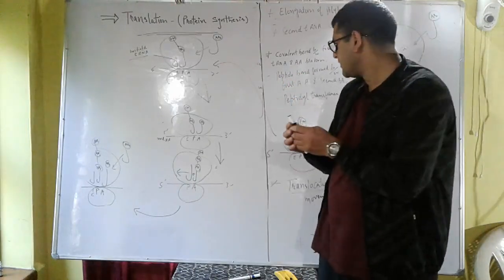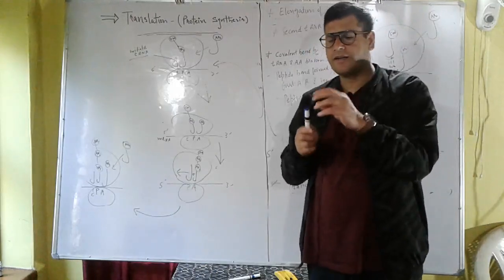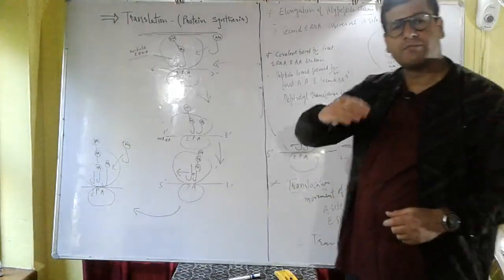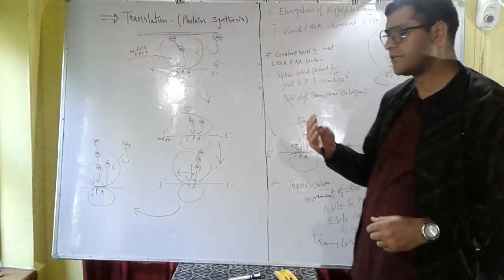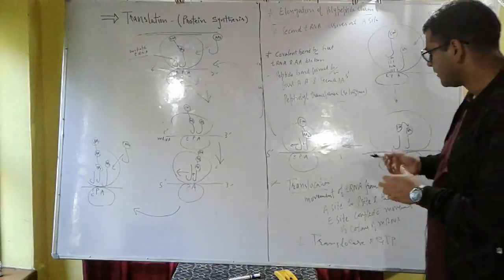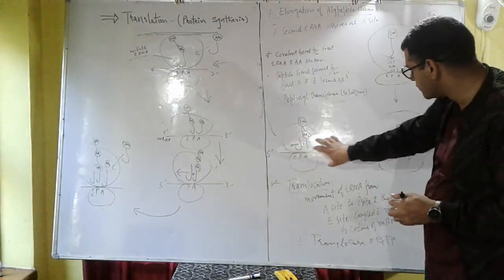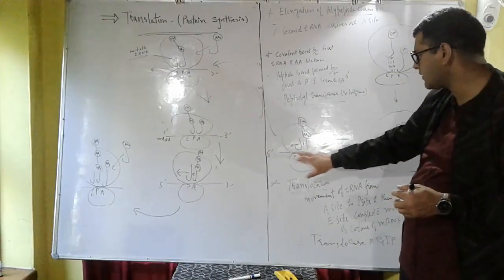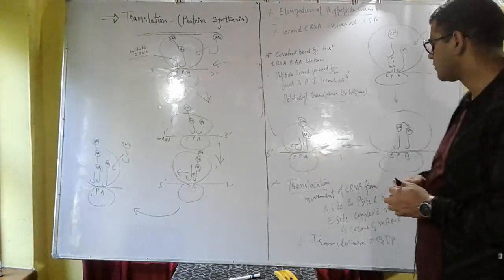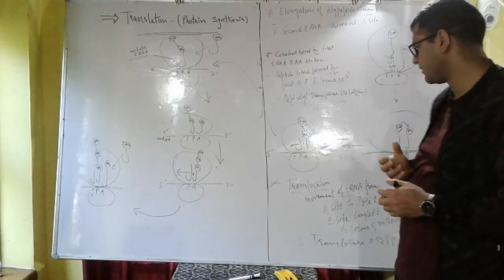So we can say that the ribosome moves on the messenger RNA in the 5' to 3' direction, so that all the codons on the mRNA get exposed at the A site, ultimately get decoded and get linked with the anticodons of the tRNA.